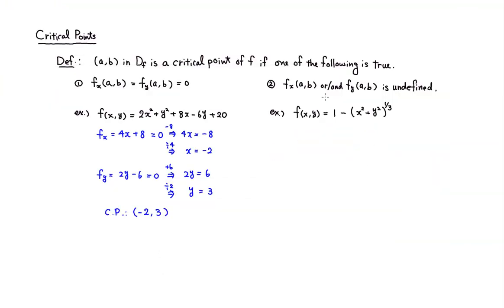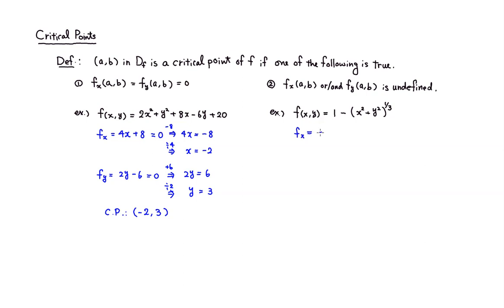Let's look at another example. This is the other kind, where the partial derivative is undefined. We have this function f of x comma y equals 1 minus quantity x squared plus y squared to the 1/3 power. Let's take the partial derivative with respect to x. Partial of 1 is 0.